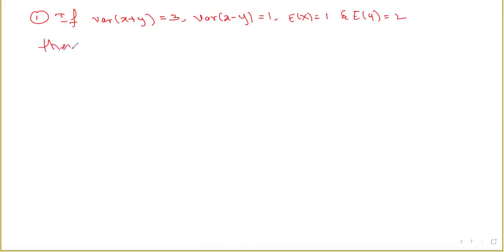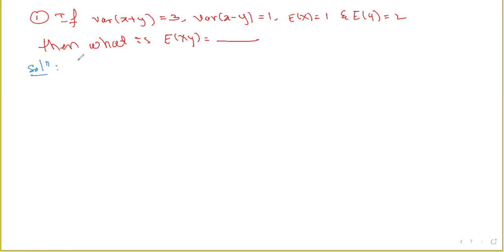Then what they are asking, what is expected value of xy? Just think how to solve such examples.